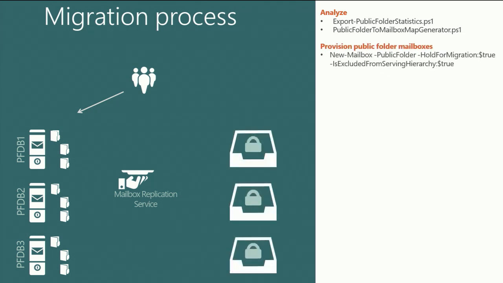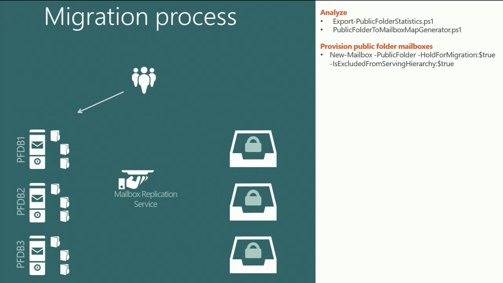After that, you start creating public folder mailboxes. Remember, all your users are still using legacy public folders, so they are still using the public folders located on Exchange 2010. So this process happens at the same time. In the new environment, you create public folder mailboxes, and you add the parameters hold for migration and is excluded from serving hierarchy.